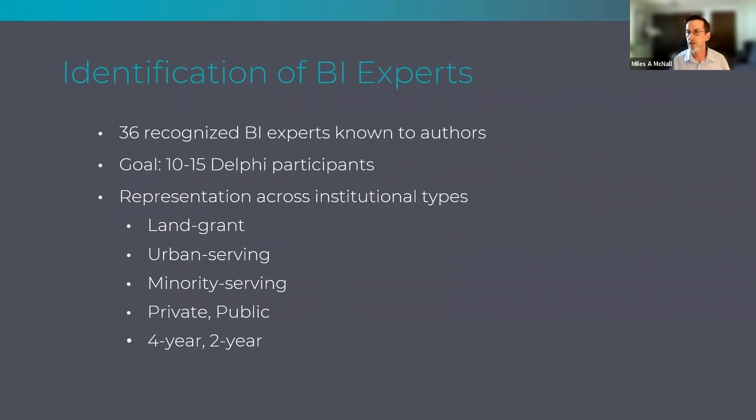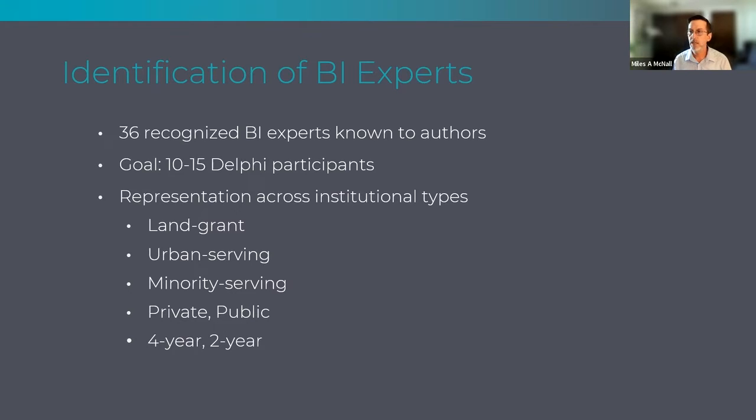So really our first step in the Delphi study was to identify our BI experts. So the four of us, Diane, Janice, Megan, and I put our heads together and co-generated a list of 36 recognized BI experts. And our goal was to recruit between 10 and 15 of them into our study.